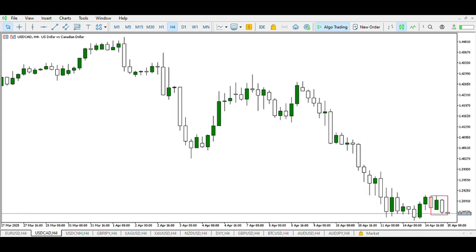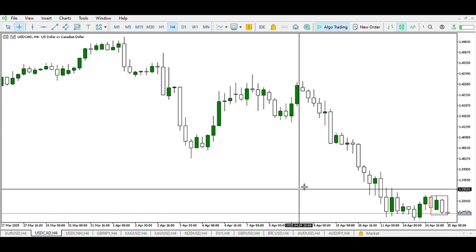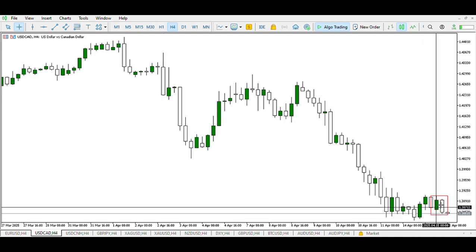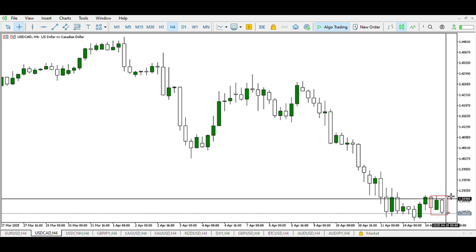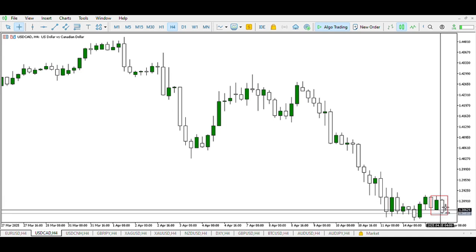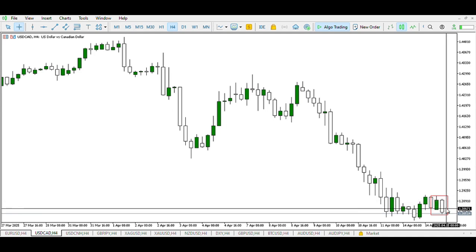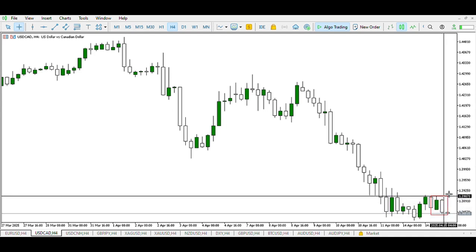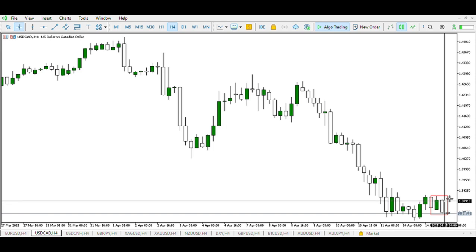Now on USDCAD, at the opening of the Asian session, we can see buyers being optimistic. However, they failed to break the high of yesterday, and in the second half we can see sellers creating fear and panic, pushing price down. Let us keep two concepts in mind: price sells to buy and price buys to sell. Why does price do this? Price does this because forex trading is a zero-sum game.